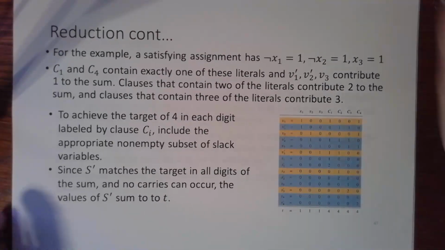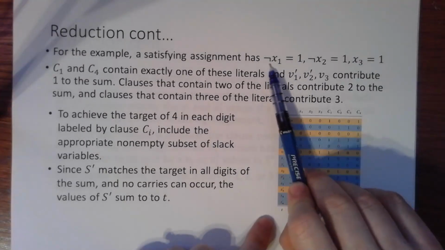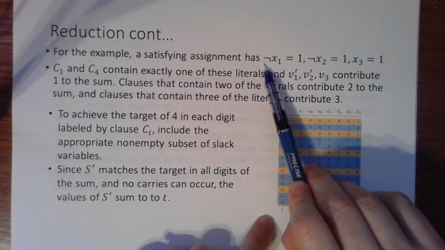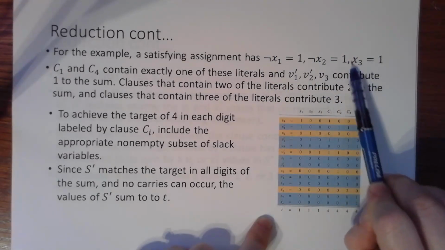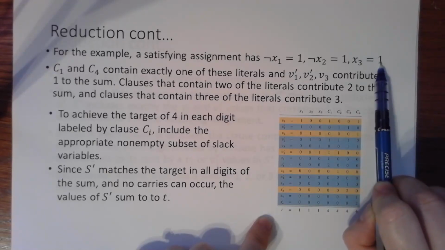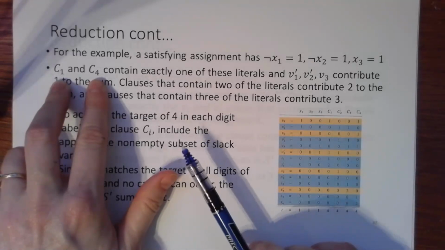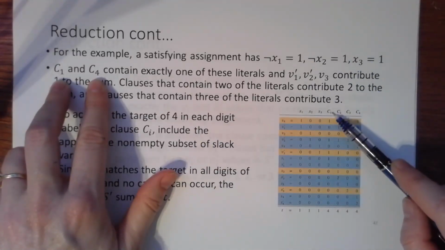So for the example, let's look at that. If I have a satisfying assignment where the negation of x1 is true, the negation of x2 is true, and x3 is 1, and we look at, for example, clause 1 and 4, they contain exactly one of those. So here's clause 1.